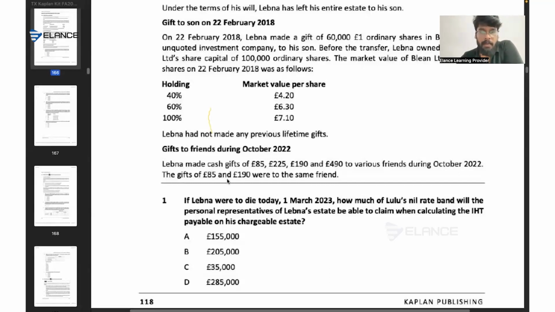The gifts of 85 and 190 were to the same friend. So the limit is crossed: 85 plus 190, added together, is over 250. So it will not be covered under the small gift exemption. Only the 225 gift is covered.